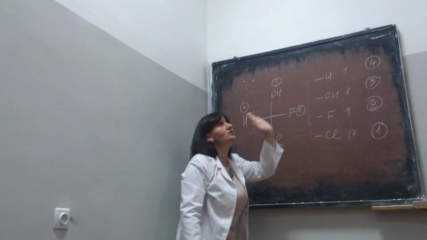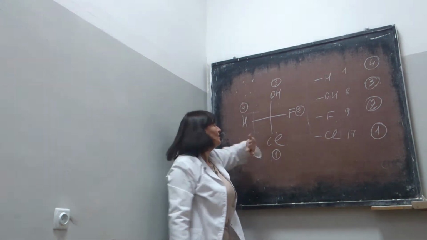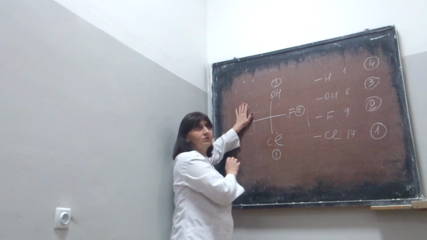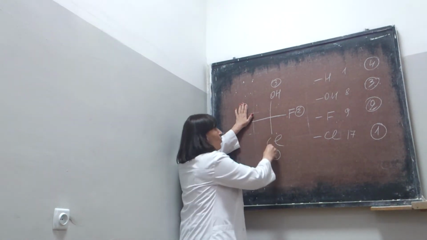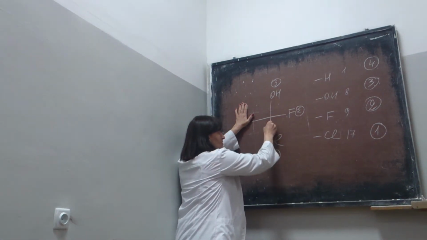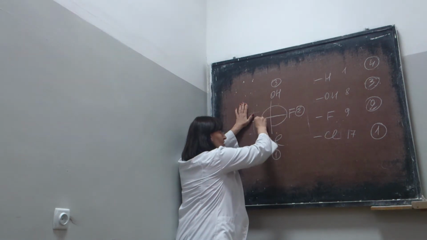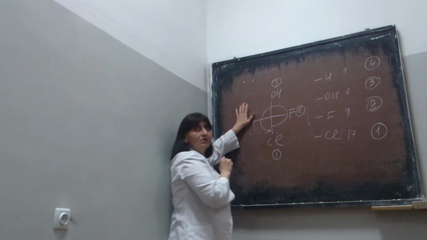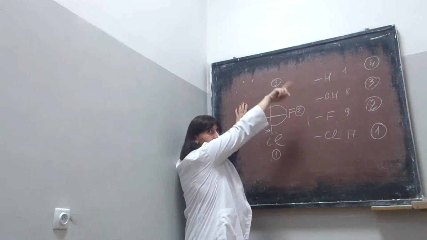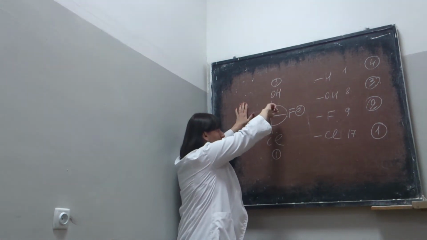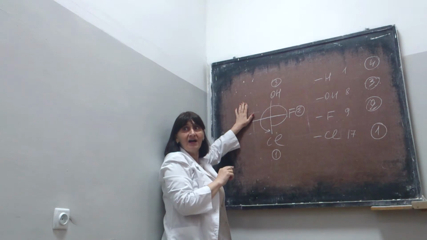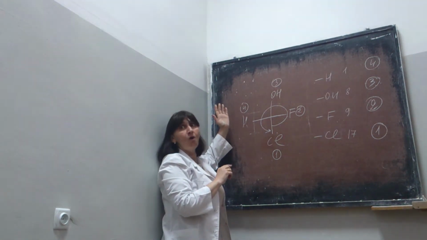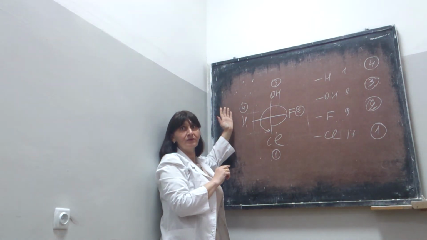Now look, don't look at the group which has the lowest priority at first. 1, 2, 3. So priority decreases anticlockwise. After that, look at your lowest priority group.